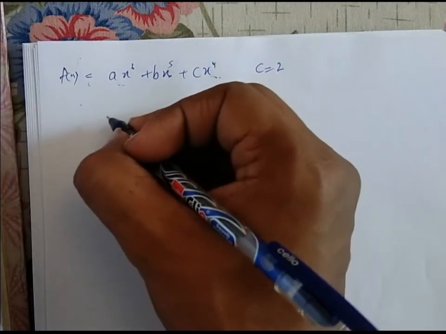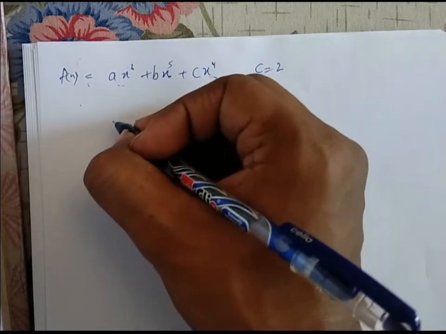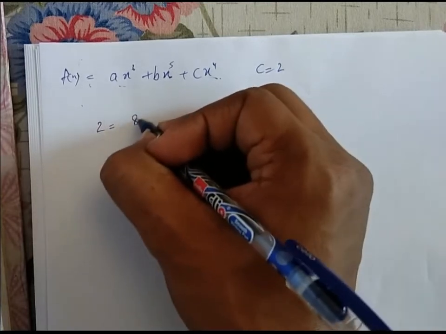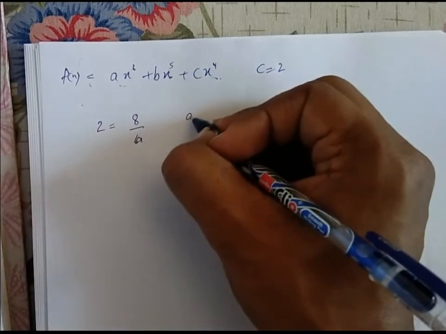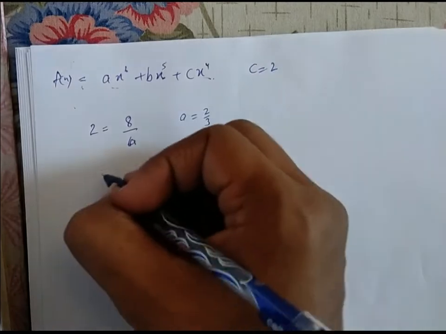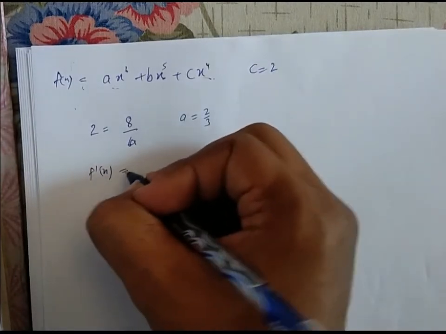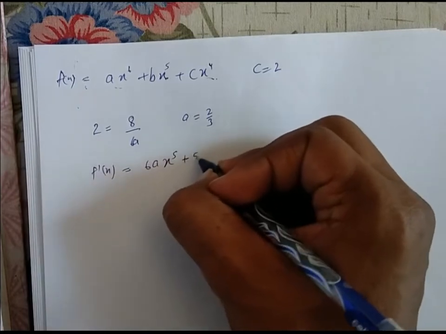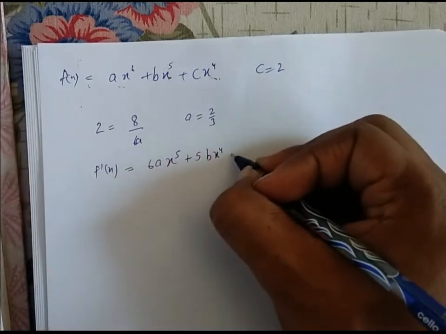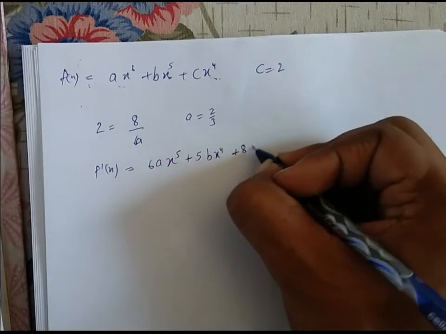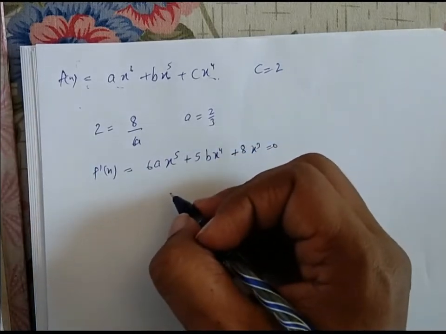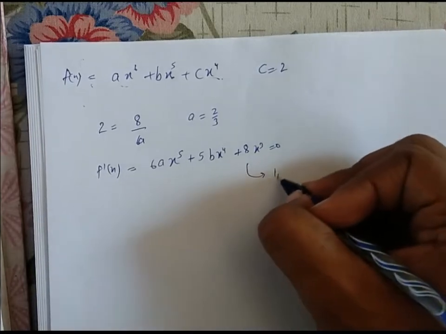Okay, so if its roots are 1 and 2, then 2 is equal to 8 upon 6a, a should be equal to 2 by 3. Now calculating f dash x, 6a x power 5 plus 5b x power 4 plus 8x cube, this is equal to 0. So it should have roots 1 and 2.